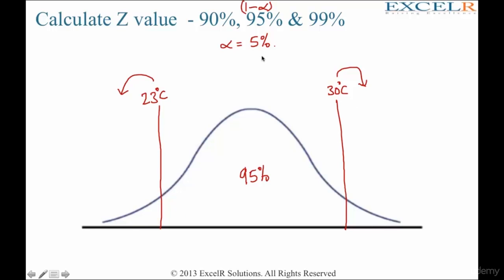If there is an equal chance, what does that mean? Out of 5%, equal chance means 2.5% and 2.5%. Means there is a 2.5% chance that the temperature could be greater than 30 degrees Celsius, and a 2.5% chance that temperature could be less than 23 degrees Celsius.